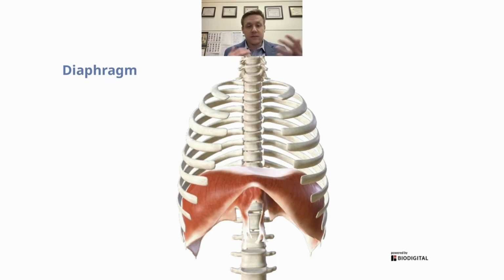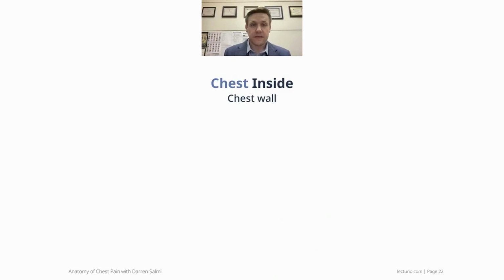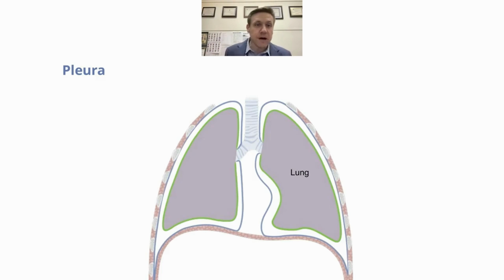And I say that because we're going to talk about the pleural lining of the chest cavity, which is pretty much the exact same thing as the peritoneal lining of the abdominal cavity. All right, so that's kind of the boundaries of what's holding the chest cavity inside. So what's inside? Well, let's talk about that pleura.